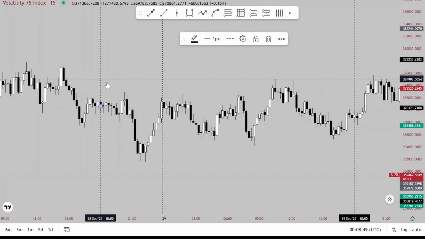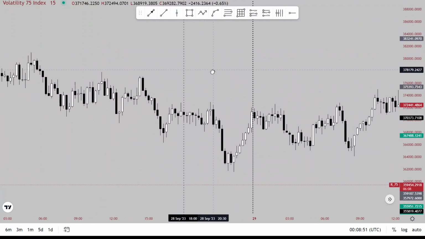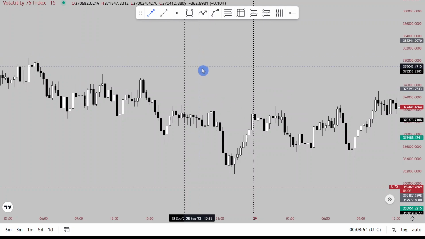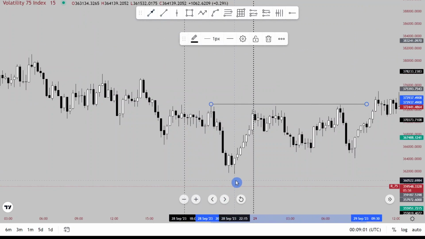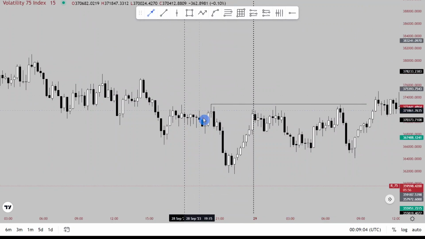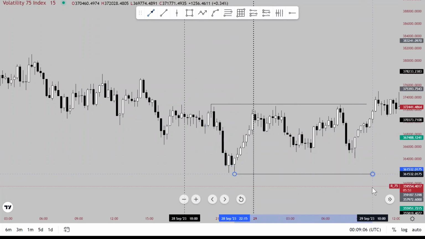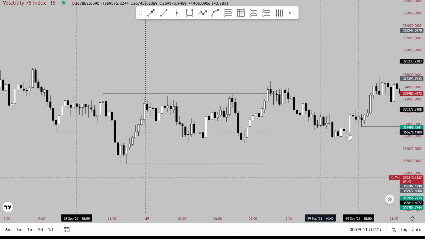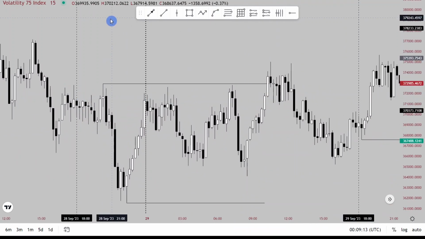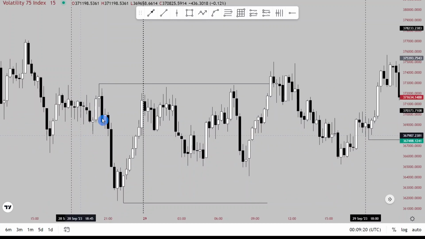On the 15 minutes time frame, you mark the highs and lows and wait for one side to be raided. We raided the high. I call these overnight highs and lows, the overnight trading period between 6 and 12 of the previous daily candle.